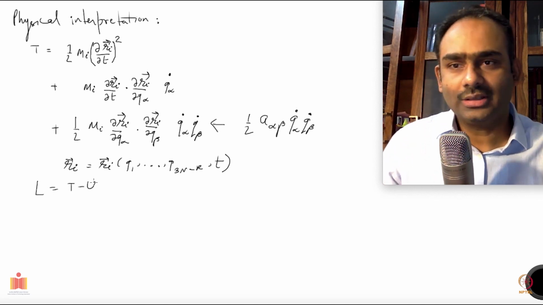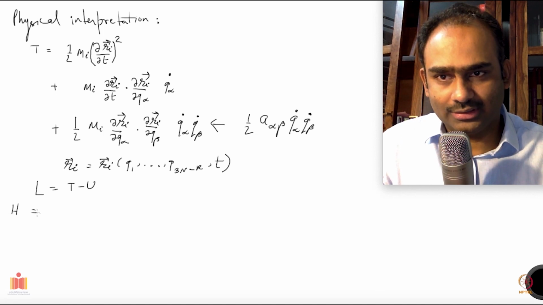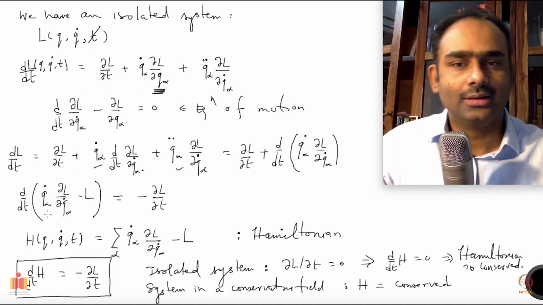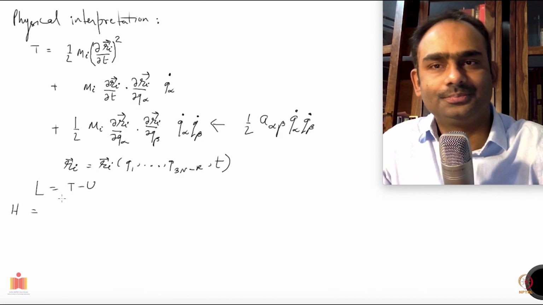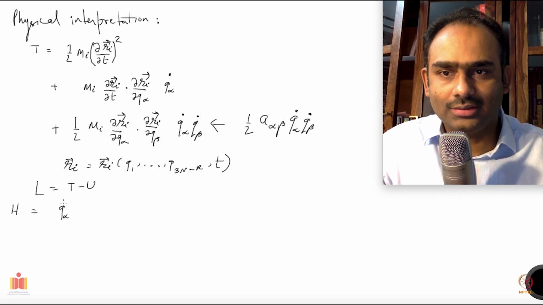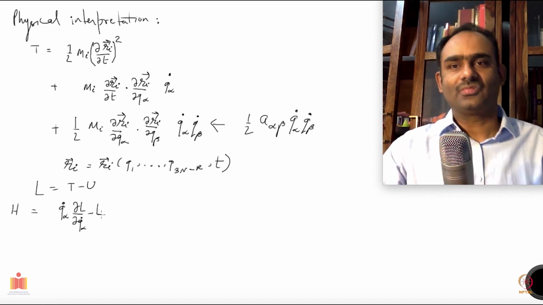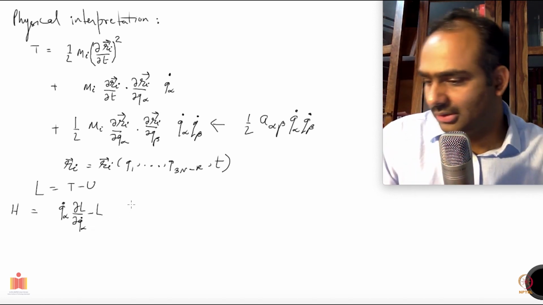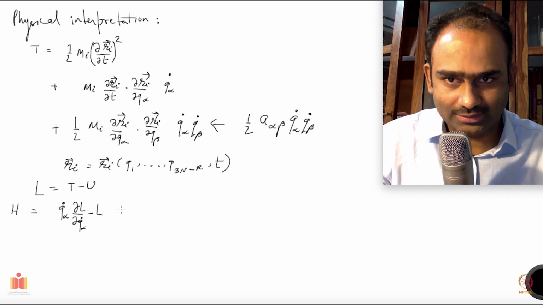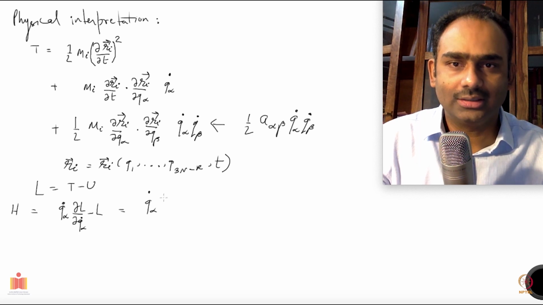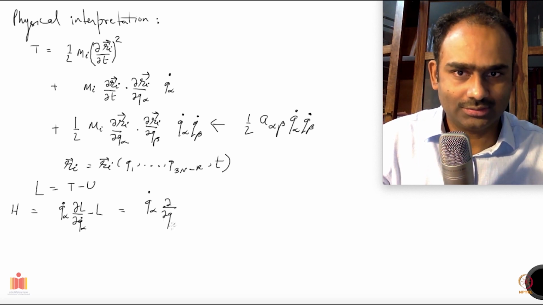Now construct H. Let's look at the Hamiltonian. Your H is q̇_α ∂L/∂q̇_α minus L. Let me write it down. Now your L is T minus U, so let me write it here.